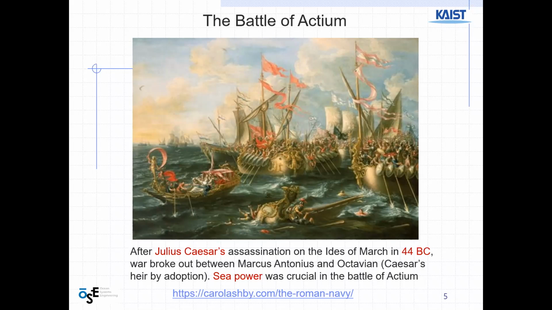Caesar was assassinated, so Octavian was inside of Caesar's side, and Marcus was the leader in another part, the opponent part. And sea power, meaning the Navy ships, was crucial in this Actium battle.